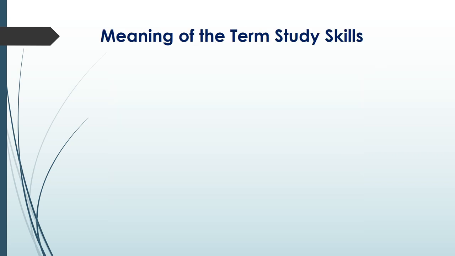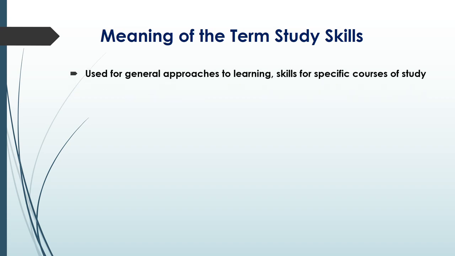Okay, now this takes us to the meaning of the term study skills. When we are students, or when we have to study something, it requires skills, it requires certain general approaches to learning.